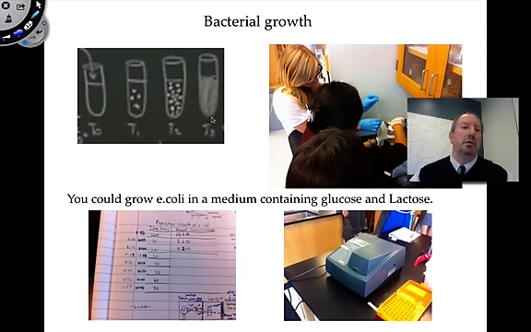How do you know that it's becoming cloudy? You could look with your eye and notice how something that was once a clear yellow has turned into a cloudy yellow. You can also use your nose and smell the fact that bacteria is growing. You can be more quantitative about it.